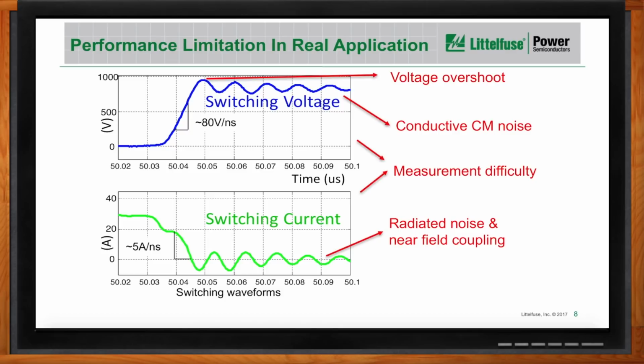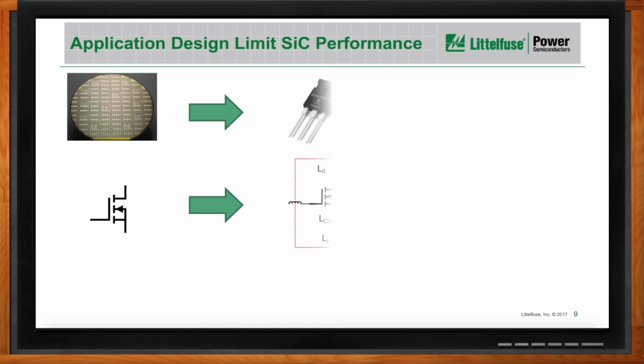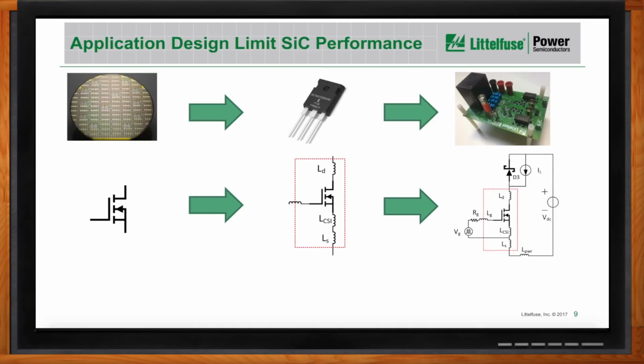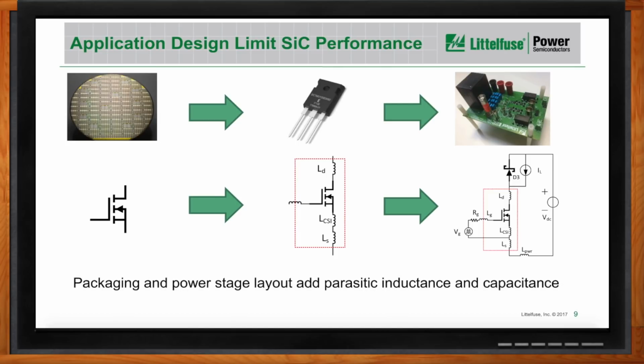For example, you make a wafer for all of your devices, you package it in whatever packaging you use, and then you put it in your circuit. This packaging and power stage design layout all add parasitic inductance and capacitance to your circuit. These are all the same for silicon and silicon carbide devices. These parasitic values may be the same. However, we are talking about more than 3 times higher switching speeds on silicon carbide devices.